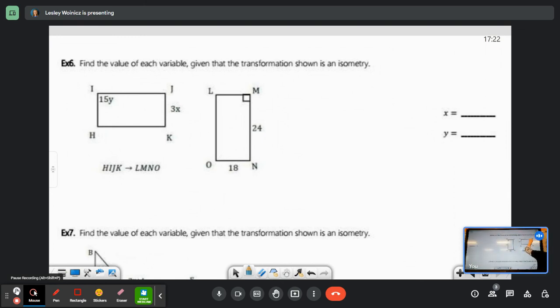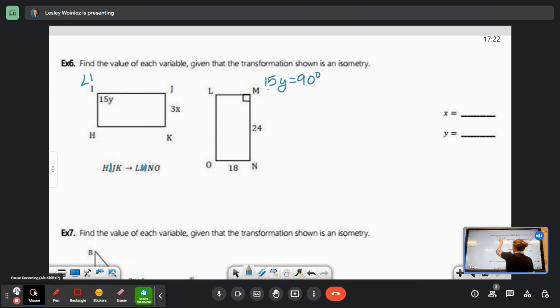So if I look at this, I see angle I maps to M because they're both second, and angle M is 90 degrees. So I know that 15y has to equal 90 degrees.